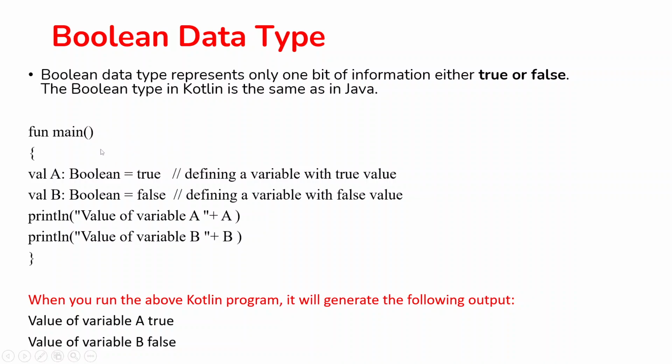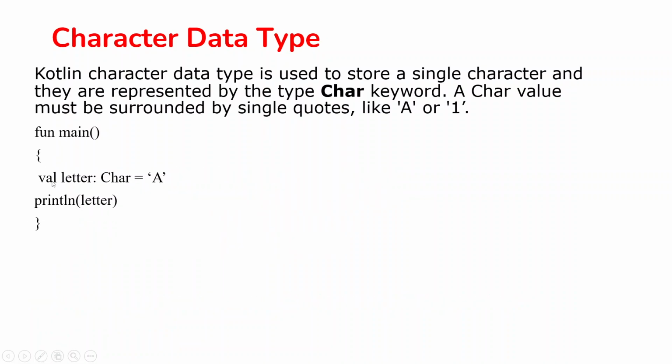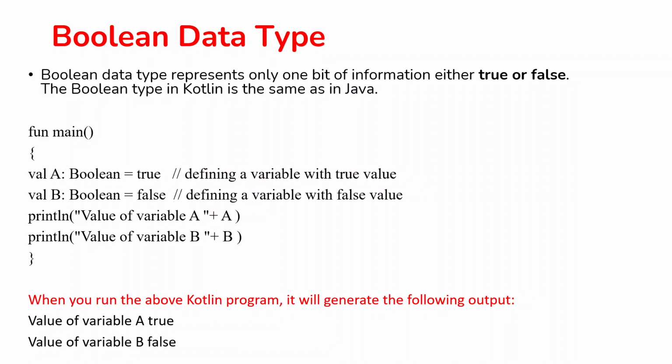Let's discuss one program. Here we have created one function main and one variable a, which is of type Boolean, and we have assigned it true, and another variable b, of type Boolean, which is equal to false. Now we have printed the variable a. After that we have printed the value of variable b. The above program will generate the following output: the value of variable a is true, the value of variable b is false.